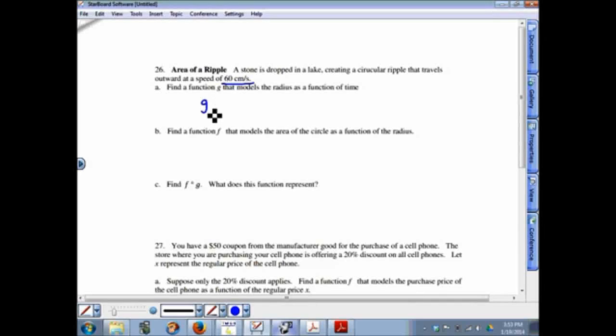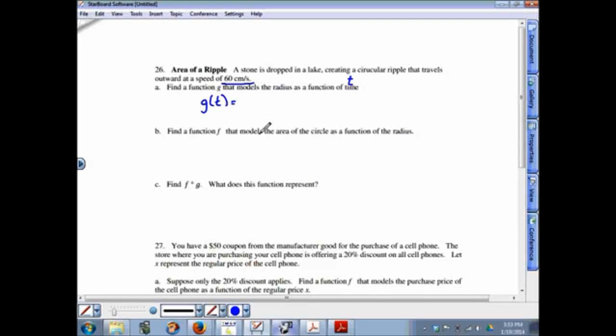So a function g that models the radius as a function of time. Most of the time, time is equal to t, so it's going to be a function g of t.